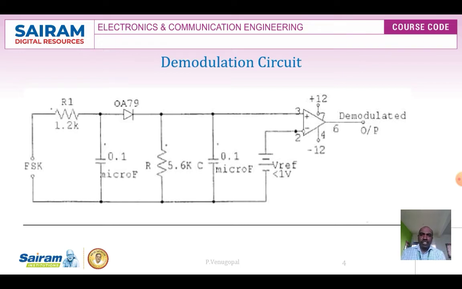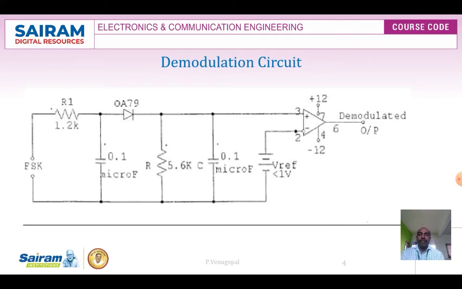Next is the demodulation circuit. Apply the modulated output of the FSK as input to the demodulation circuit. The demodulation circuit consists of a low pass filter and then an envelope detector. When you pass this FSK signal through the low pass filter, the signal having the low frequency is transmitted, and the higher frequency is attenuated.